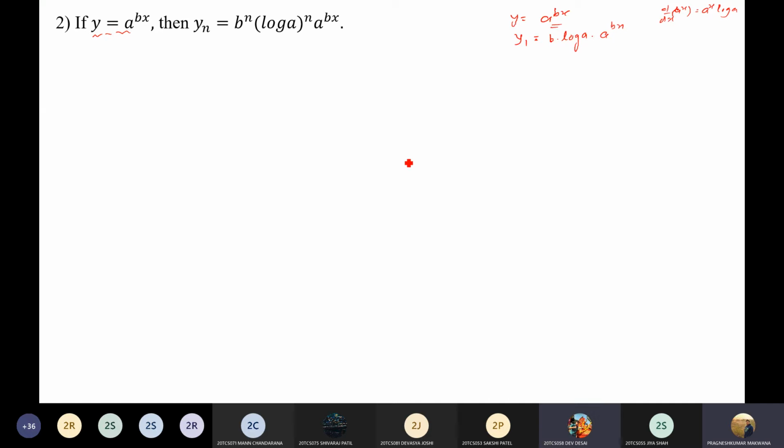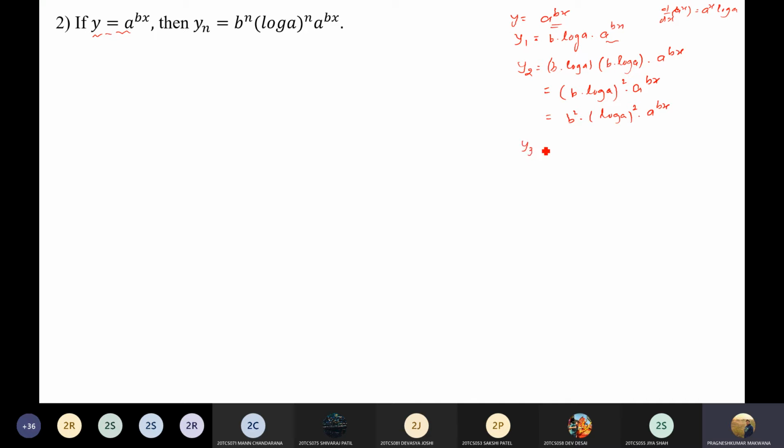Is it clear? Yes, sir. So similarly, find out the second derivative. So b into log a, b is a constant term, into a raised to bx gives b square into log a whole square into a raised to bx.